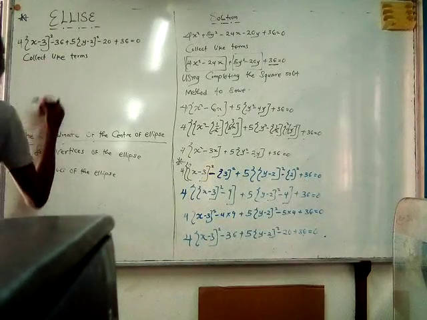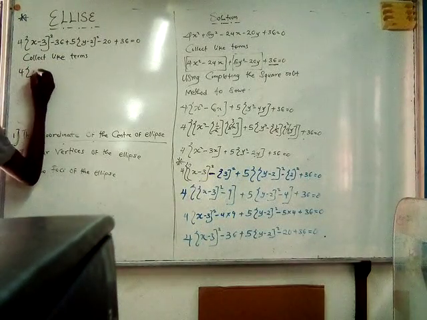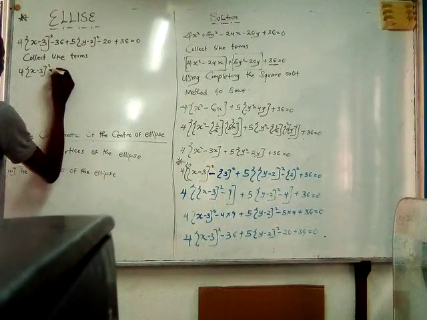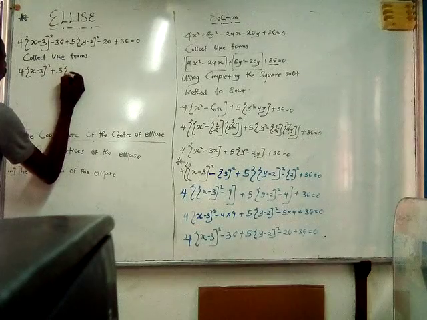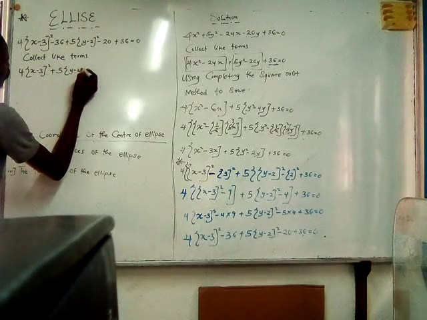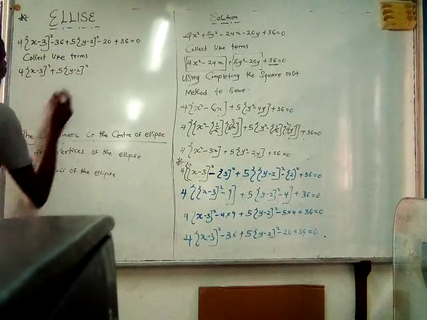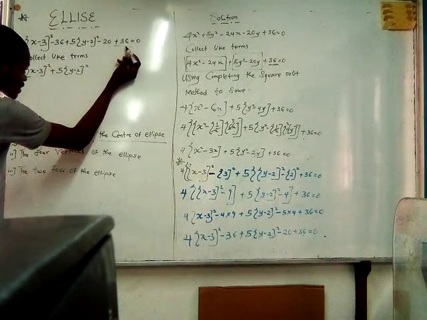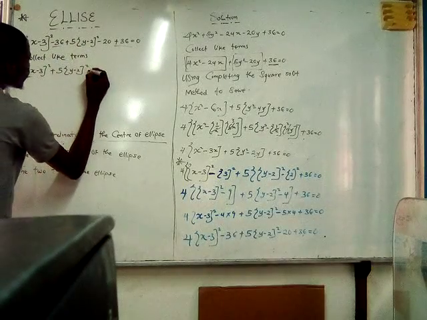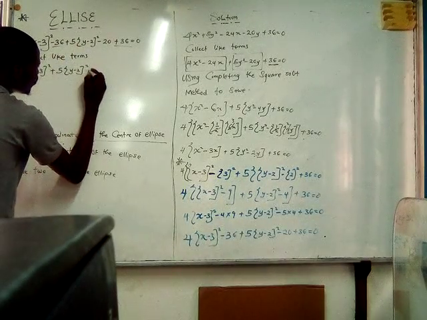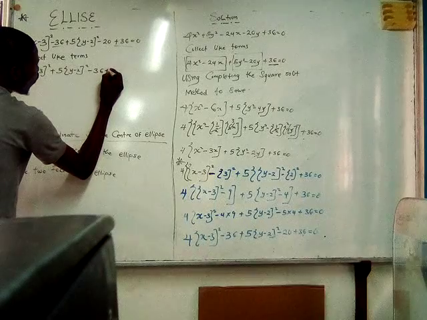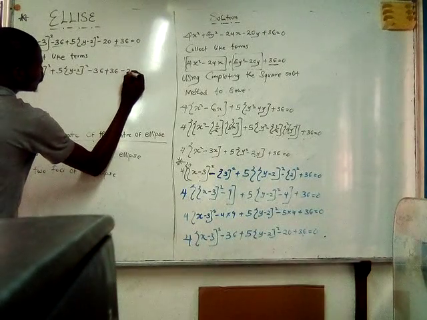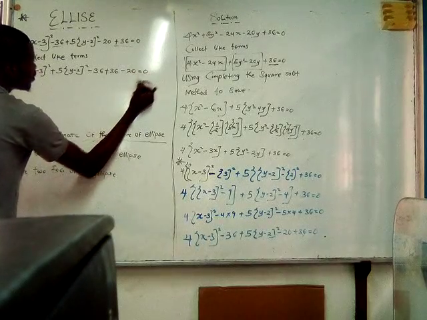So 4 open bracket x minus 3 raised to power 2, then we are going to have 5 open bracket y minus 2 raised to power 2. We are collecting like terms, so we have plus 36 and minus 36, and we have minus 20 equals to 0.